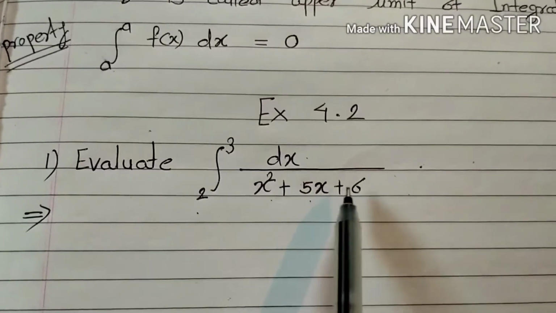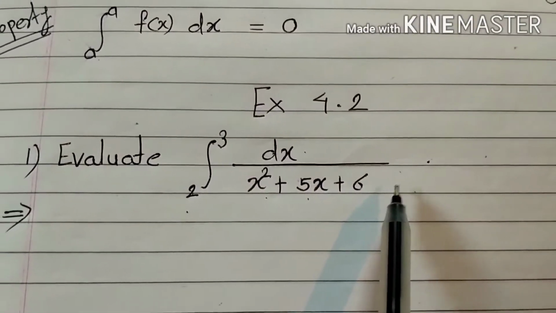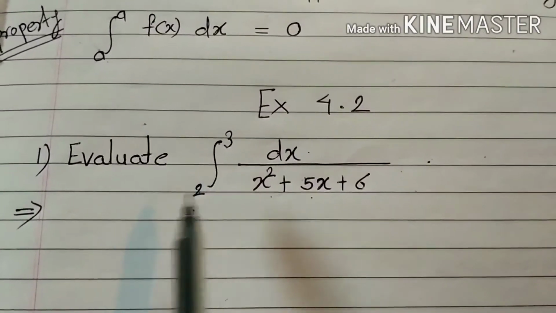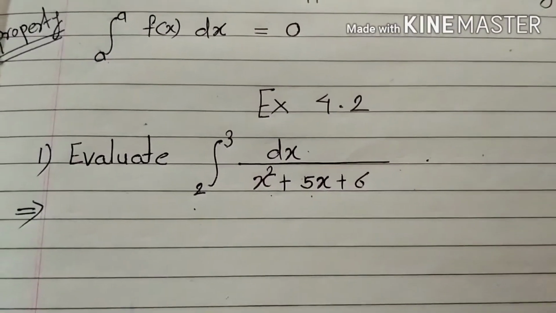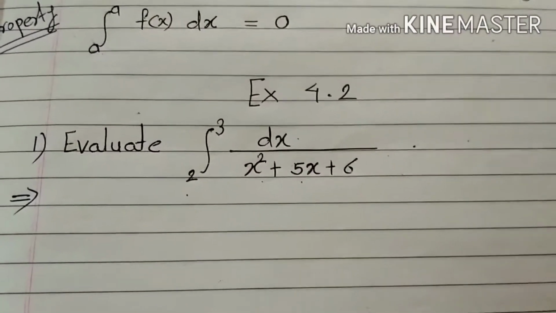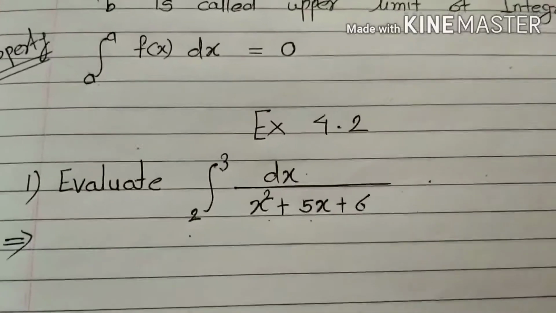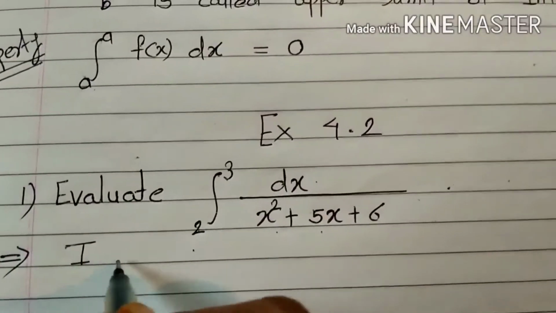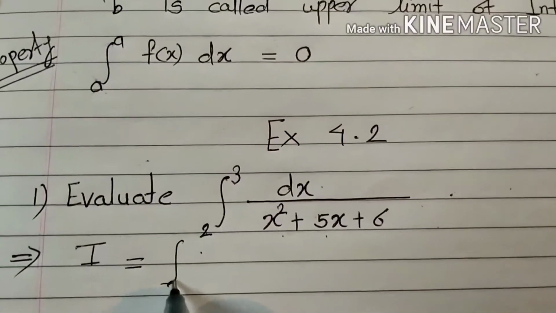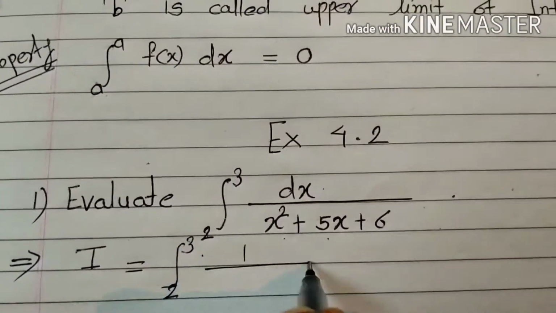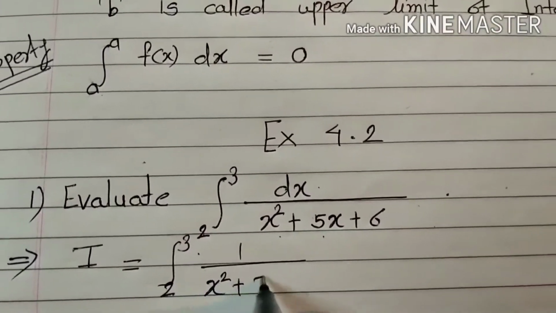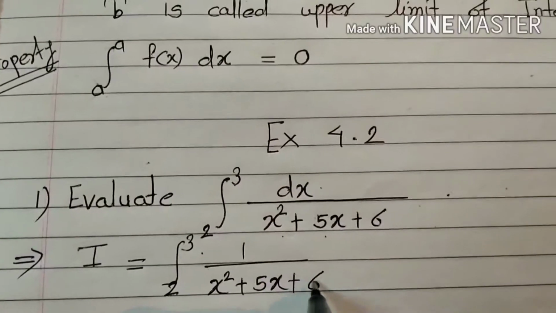So first solve this indefinite integration and then put limits, and you get your answer. So let us start. First take I is equal to integration of 1 upon x square plus 5x plus 6 dx.